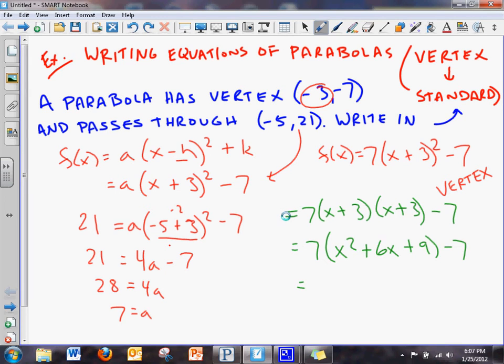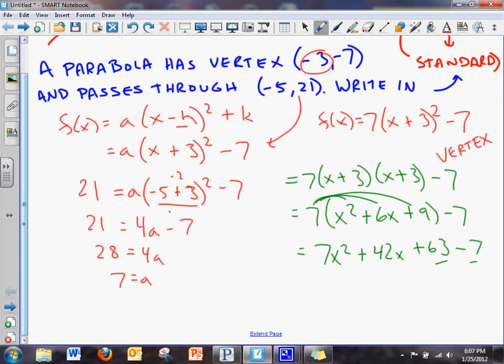Almost there. Distribute the 7 through. 7x squared plus 42x plus 63. And then we just have to combine these last terms here, and we're done. 7x squared plus 42x plus 56. Okay, standard form.